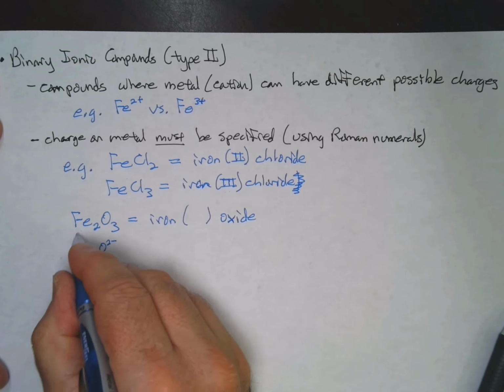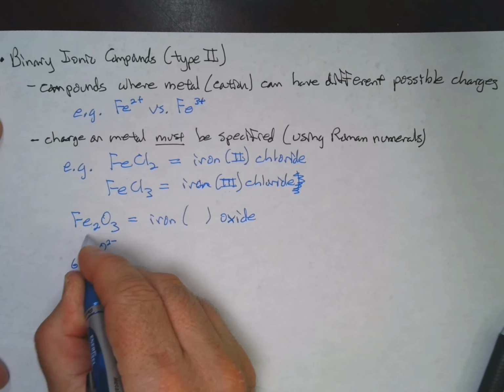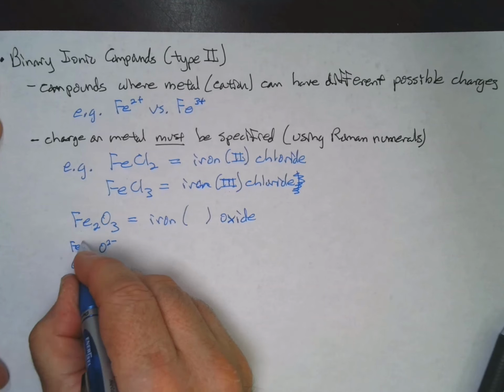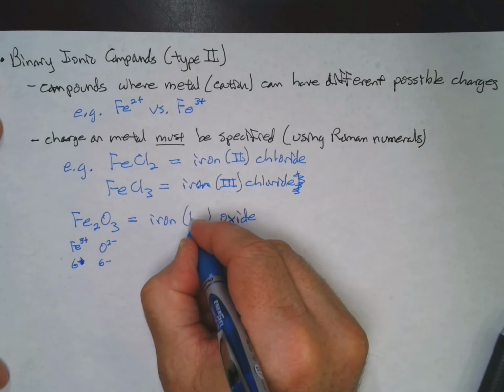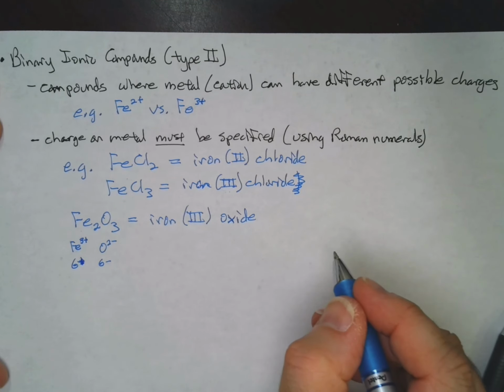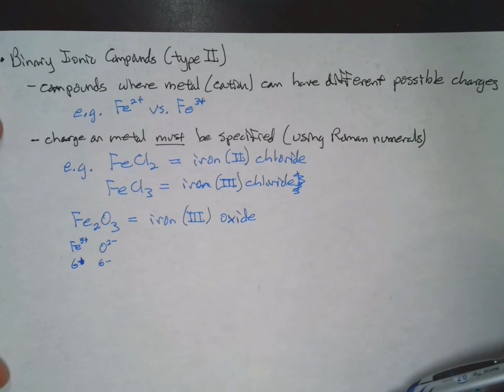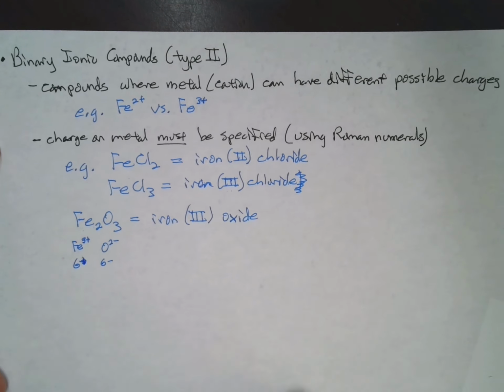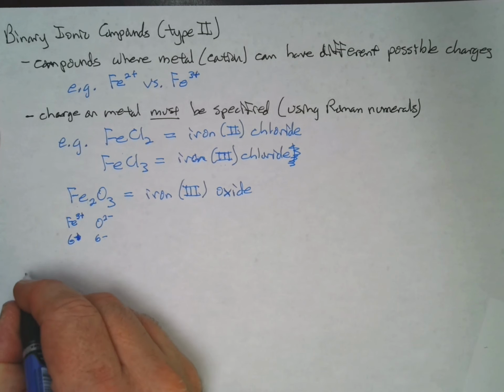So I have to have 6 plus for my iron, and if I have 2 irons, that means I have to have Fe3 plus. So this would be iron 3 oxide. Okay, and now something like this you definitely want to practice. Now I do want to mention there is an older system as well.